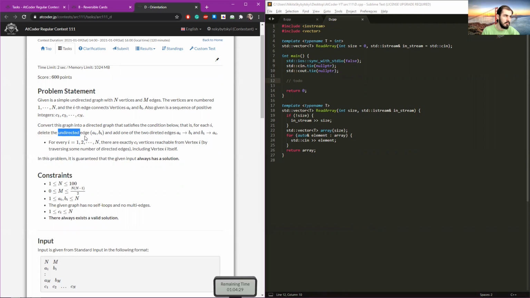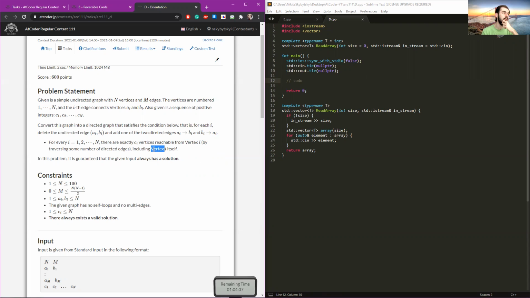Okay. So initially edges are undirected. We want to orient every edge. You want to see exactly I vertices reachable from vertex I, including vertex I itself.